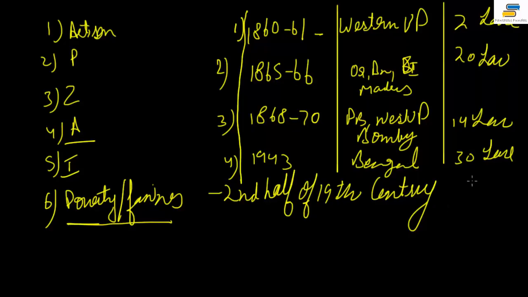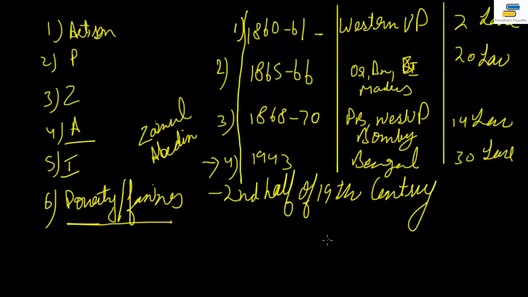Unbelievable number of deaths. And this famine of 1943, you might have seen this painting, it's called the Bengal famine of 1943, and this painting was by a very famous artist called Zainul Abidin. Please remember his name because it has been mentioned in NCERT, so you must know this, right?